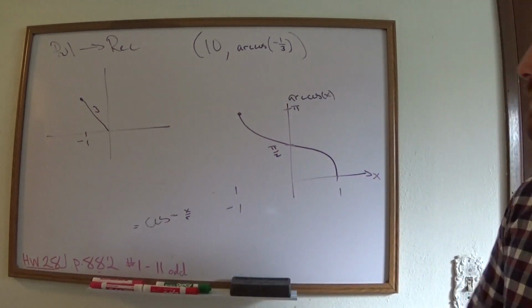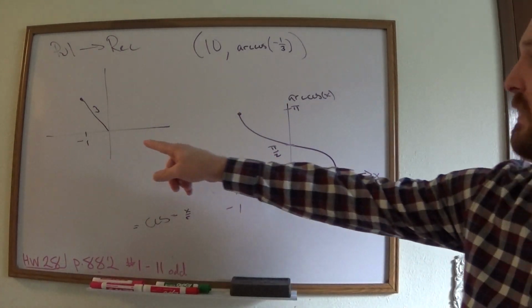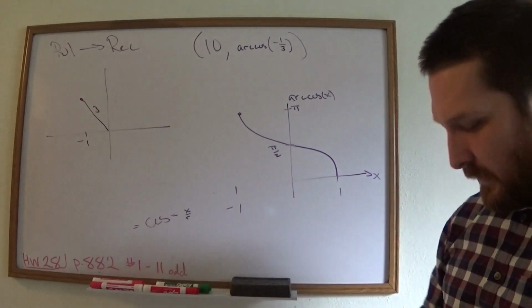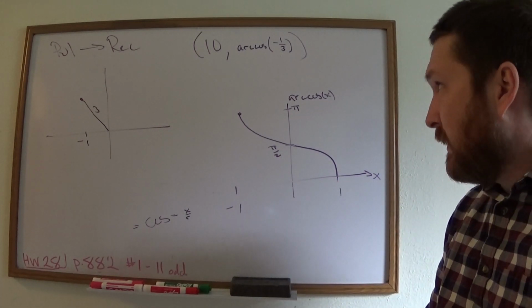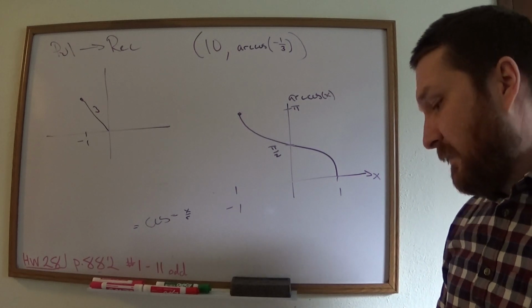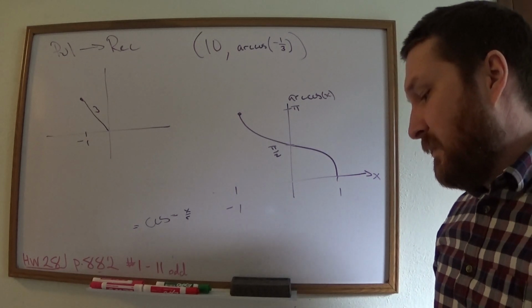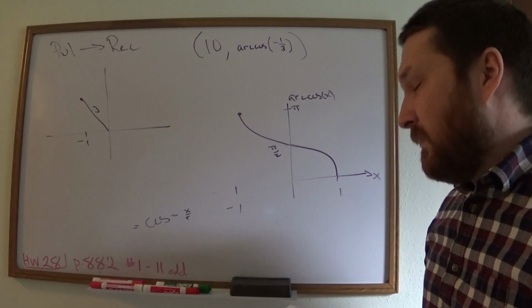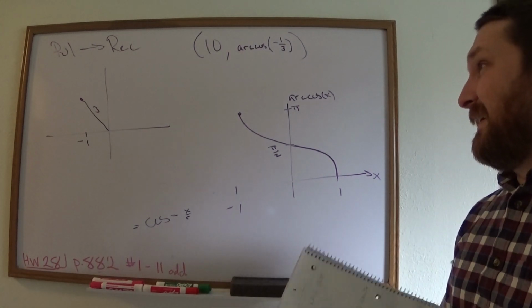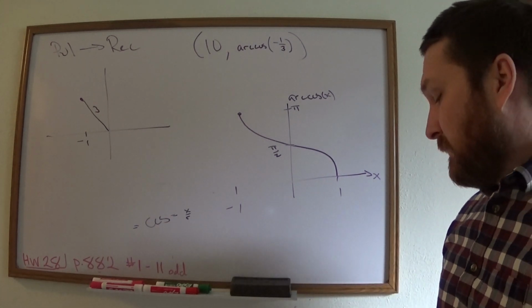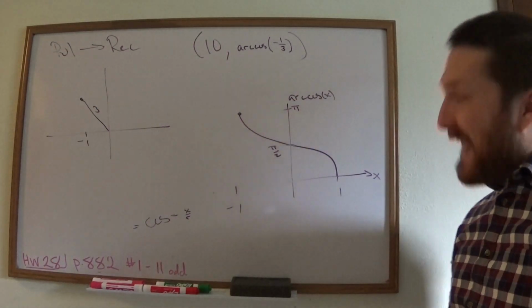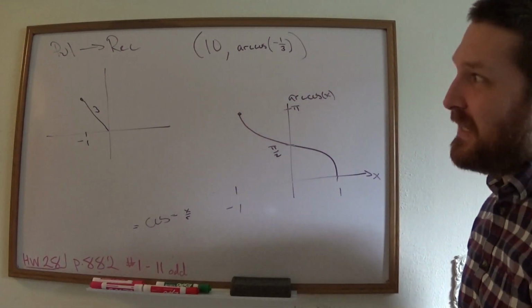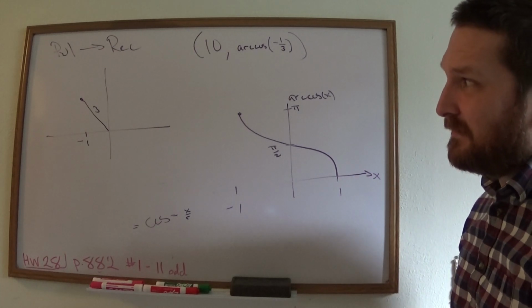And now we just need to say, well, I need to stretch that thing to have a hypotenuse of 10, or to have a radius of 10. That's what you could do.